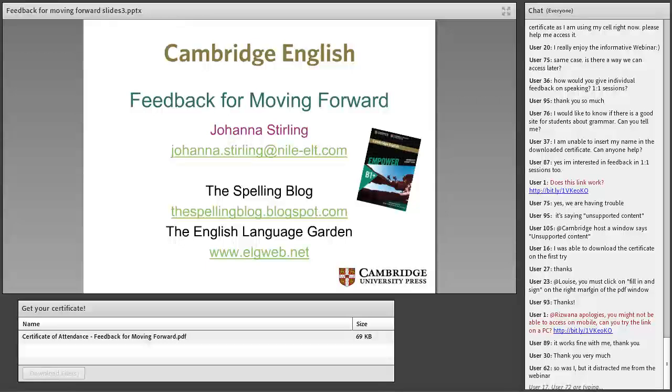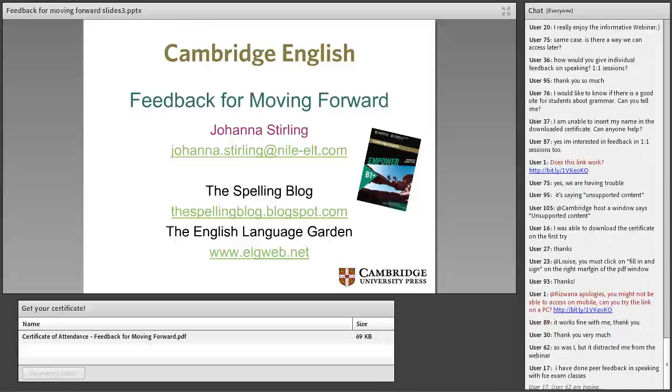We didn't really have time to deal with immediate and delayed, but I'd wait until the end, and then give some general feedback to everybody on what they've done. And with reading and listening, as I said, we can focus a bit more on why learners have got things wrong, and then that helps to inform us.